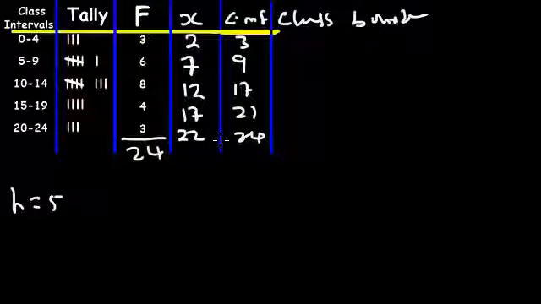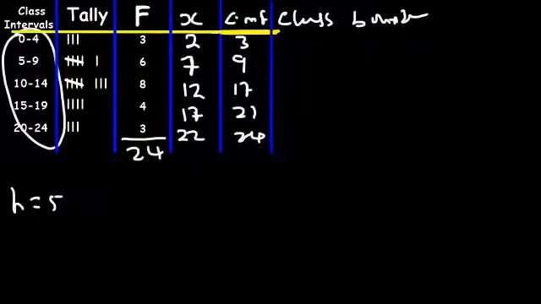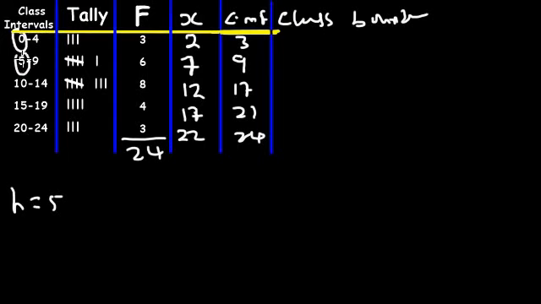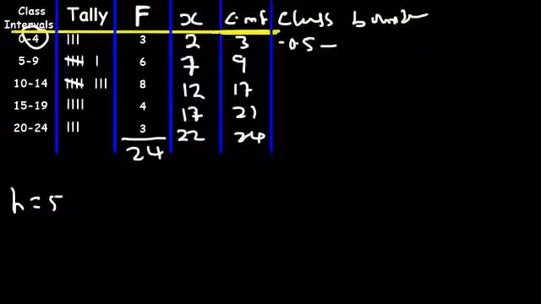Now, what about class boundary? To determine class boundary, it's usually in this form, but the difference is that you subtract 0.5 from the lower limit, while you add 0.5 to the upper limit. That will provide the class boundary for you. So 0 minus 0.5, I got negative 0.5, to 4 plus 0.5, that's 4.5.